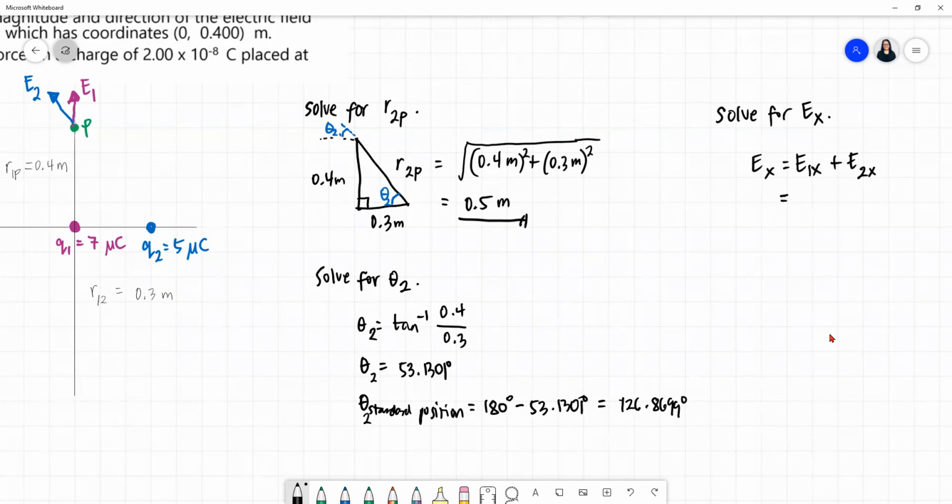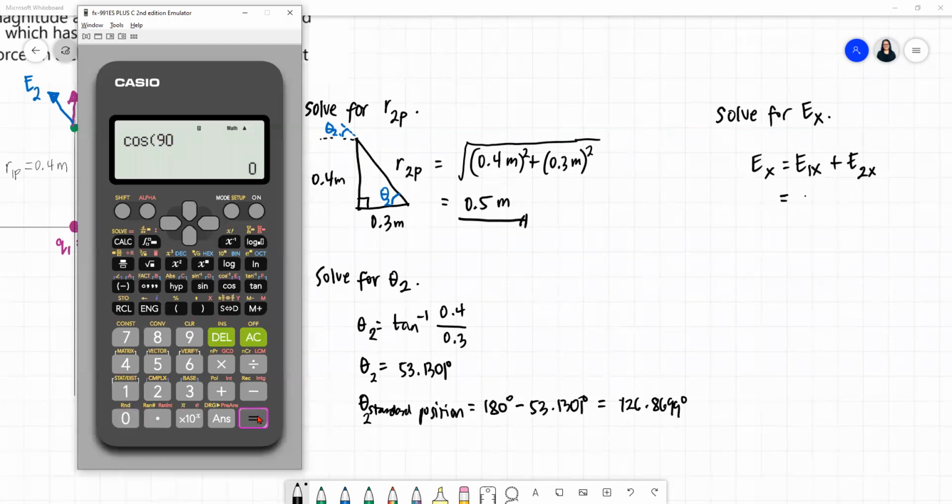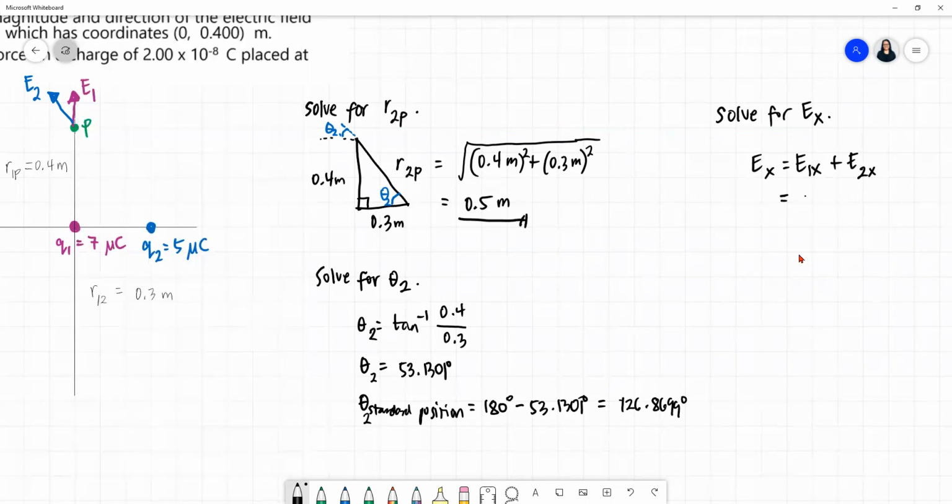So for E sub 1, it's pointing upward. Basically, it has no x component, right? 0, or you can write E sub 1 times cosine of 90. That's upward, so meaning the angle in standard position is 90 degrees. And cosine of 90, take note, is 0. Okay, so meaning there's no x component. It's purely vertical. So it's 0.